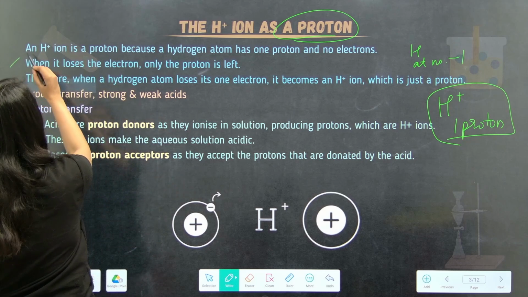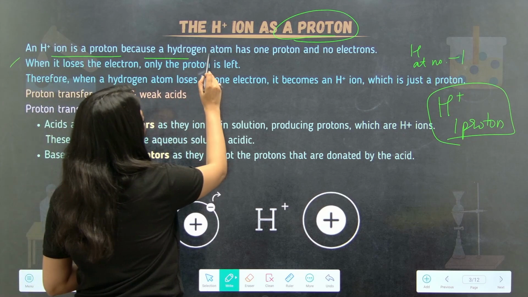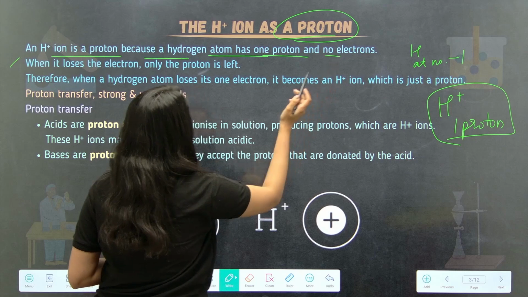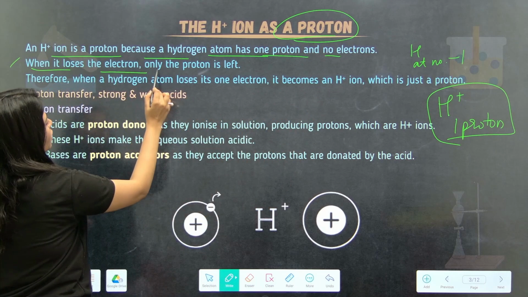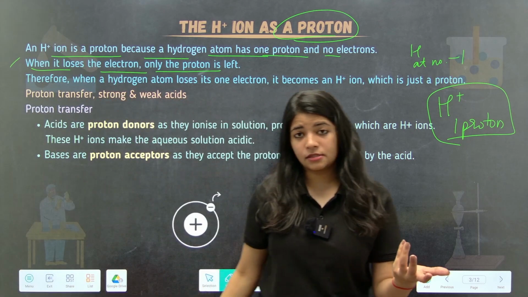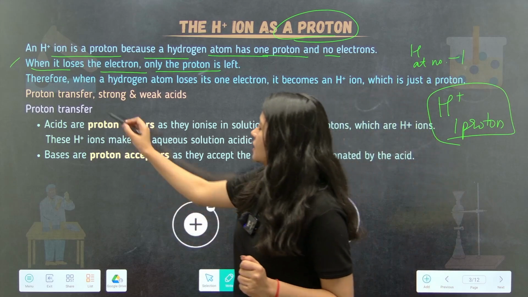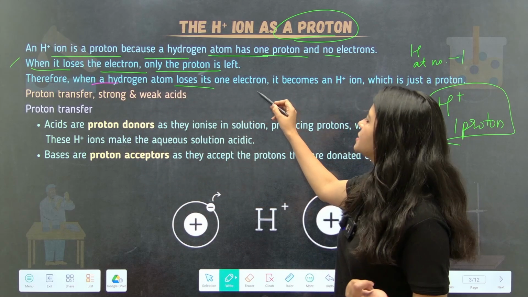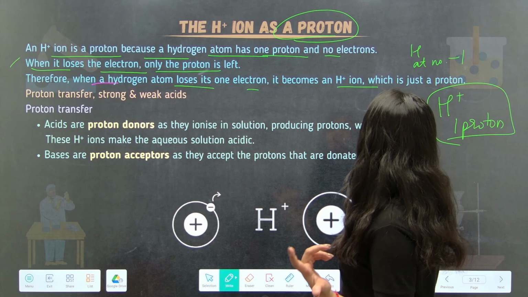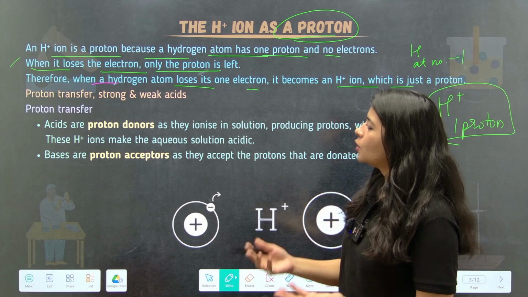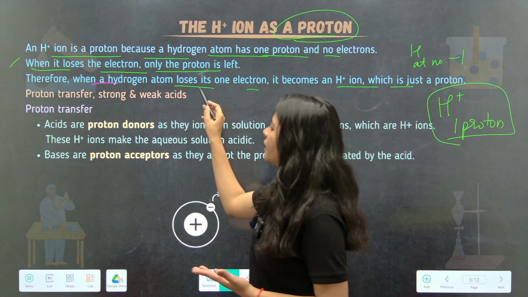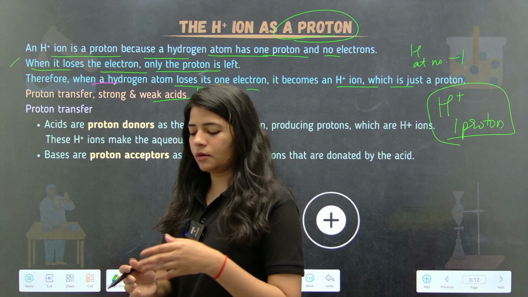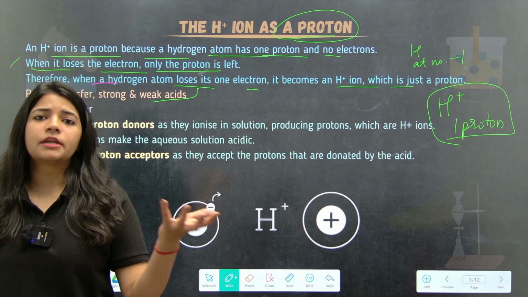Next, an H plus ion is a proton because a hydrogen atom has 1 proton and 1 electron. When it loses the electron, only the proton is left and hence it is known as a proton. Therefore, when a hydrogen atom loses its 1 electron, it becomes an H plus ion, which is just a proton. Proton transfer in strong and weak acids. Now let's talk about acid or H plus in terms of acid.